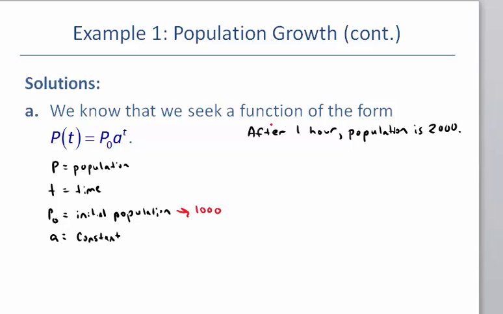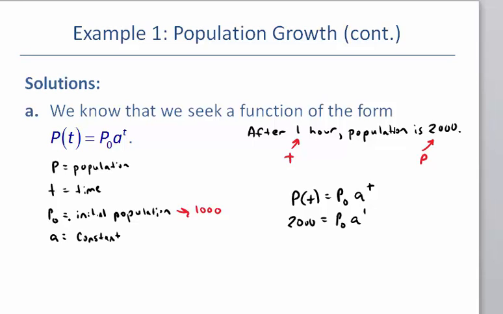So given that, this gives us a t-value, and it also gives us a P-value. So what I can do is take my general form for my formula, and my job is to plug in so that I can solve for A. We know that the population is 2,000 when the time is equal to 1 hour. And so we can plug a 2,000 in for the P of t, and we can plug a 1 in for the t.